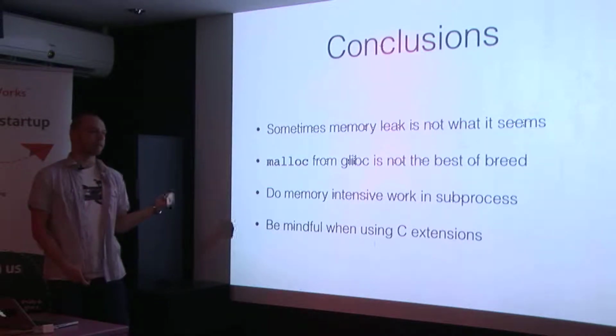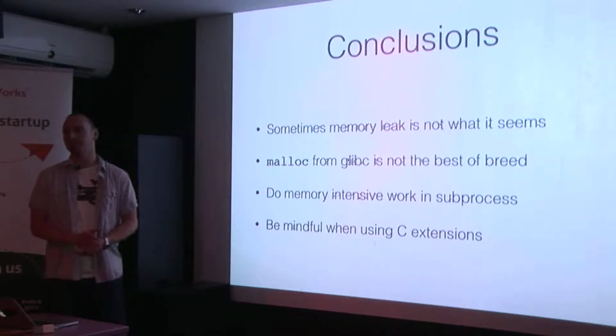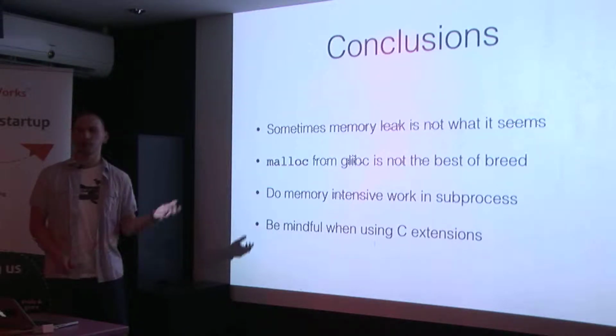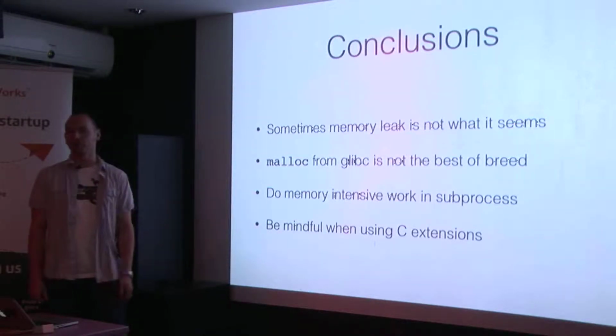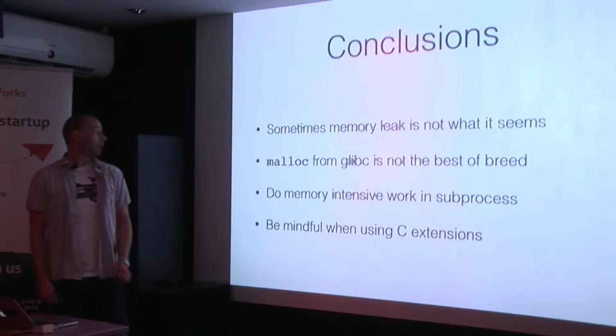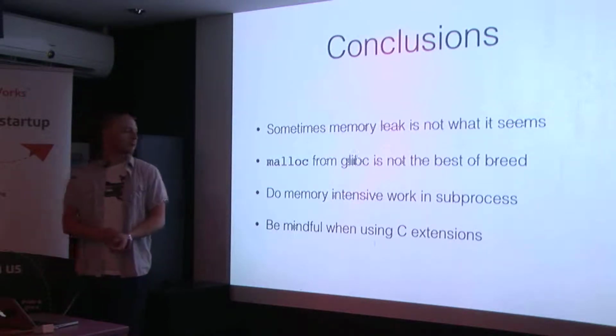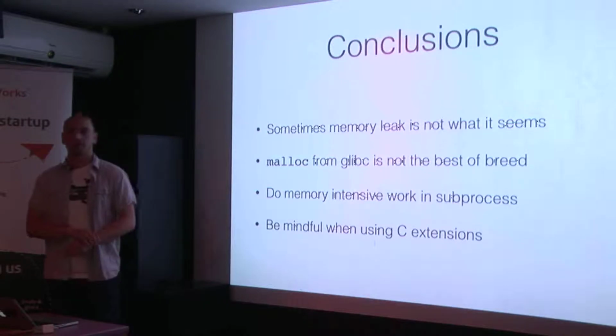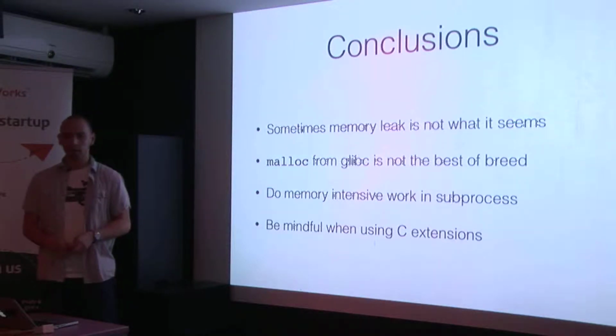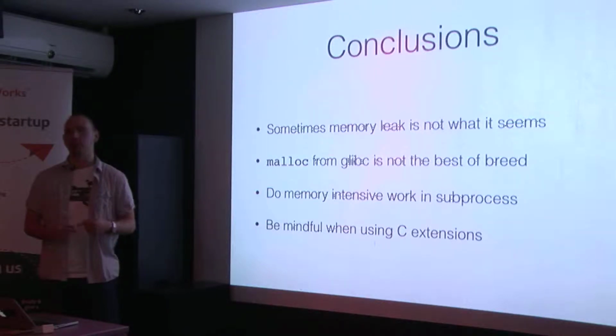Dealing with memory-intensive stuff in sub-processes has many advantages. Not only does it free your processes to serve web requests, but also you don't have to deal with this. One other thing I've noticed debugging this is I had way more erratic output from my debugging statements when I was still running the code through Apache and ModWhiskey.